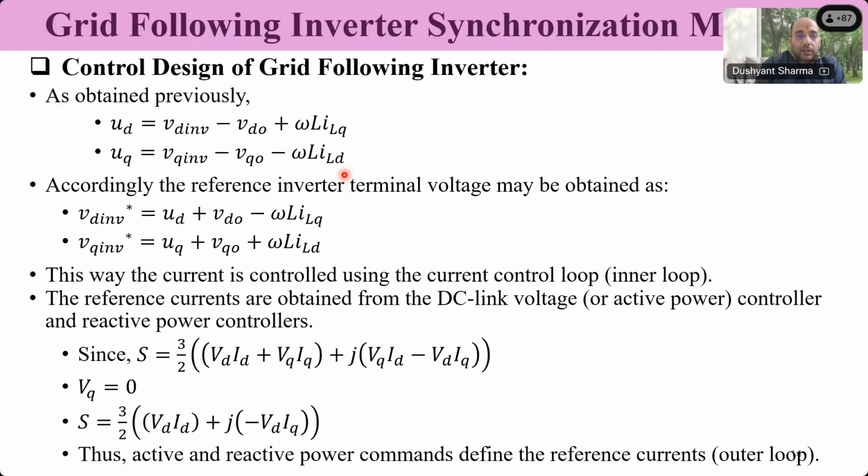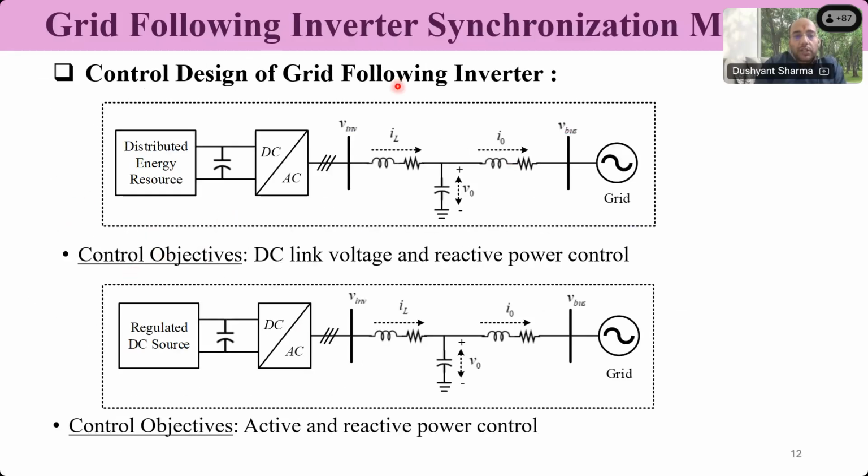So we can find this should be the VD inverter or VQ inverter we want. What will this voltage VD inverter, VQ inverter do? Because the bus voltage is constant, accordingly this output voltage is constant. If this output voltage is constant, this voltage we can change to change the current. So our objective is to change the current to meet the power flow. So see how the control goes.